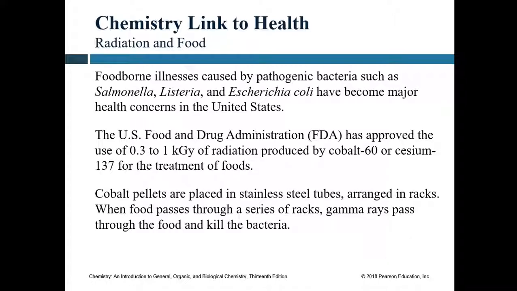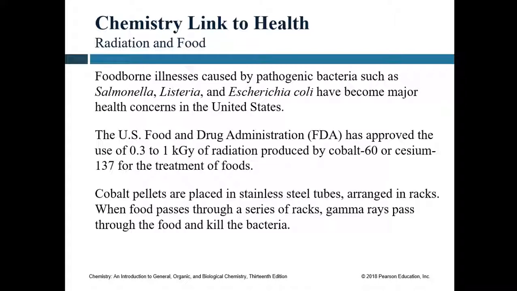Now, foodborne illnesses caused by pathogenic bacteria such as Salmonella, Listeria, Escherichia coli have become major health concerns in the United States. The U.S. FDA has approved the use of 0.3 to 1 kGy of radiation produced by cobalt-60 or cesium-137 for the treatment of foods.